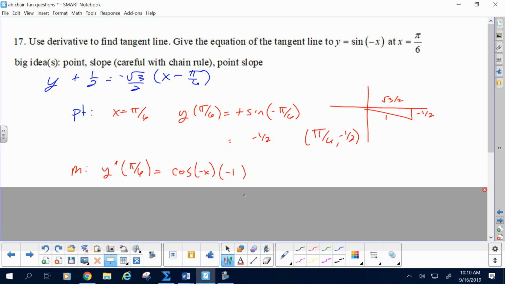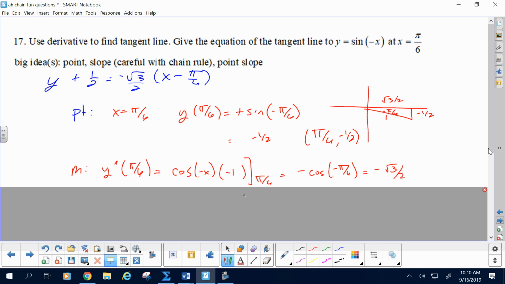I know it's subtle, but there is a chain rule component to that. At pi/6 it's negative cosine of -pi/6. And here's -pi/6. What is the cosine of such an angle? It's √3/2, and then stick the negative on after. So the slope should be -√3/2. Are we cool?